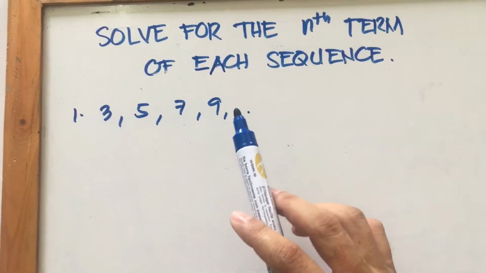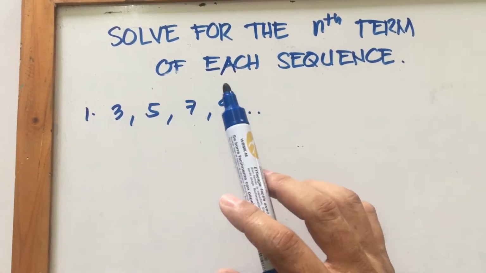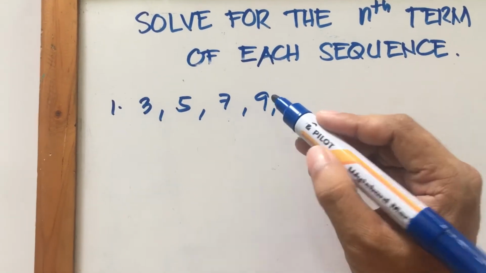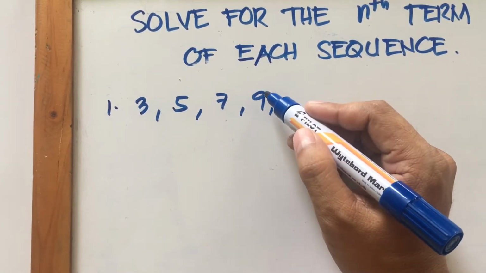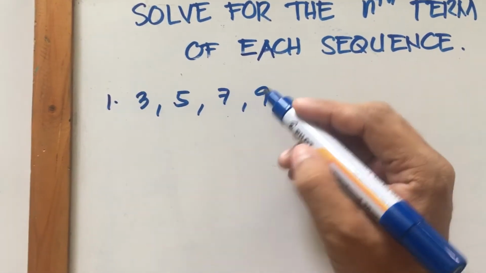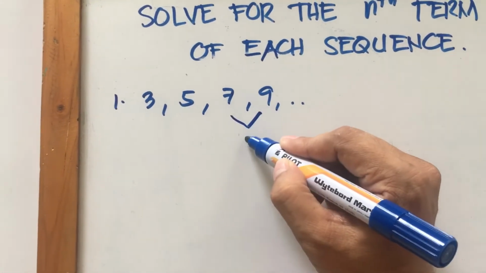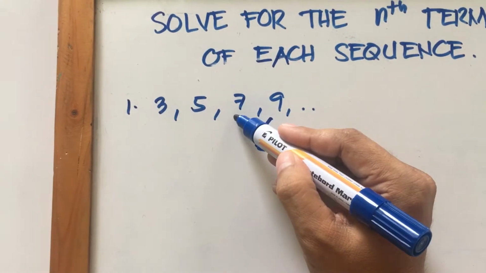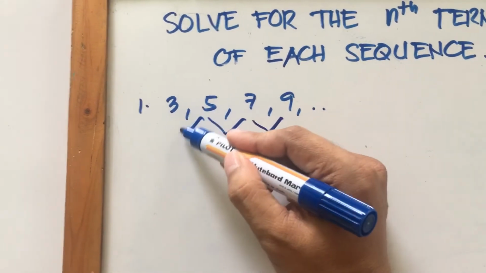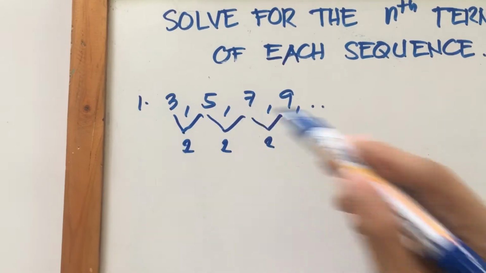So 9 minus 7, you get 2. Then 7 minus 5, you get 2. Then 5 minus 3, you also get 2.